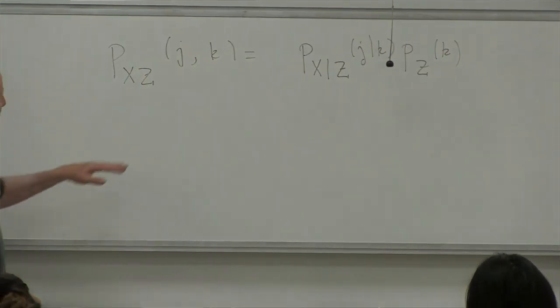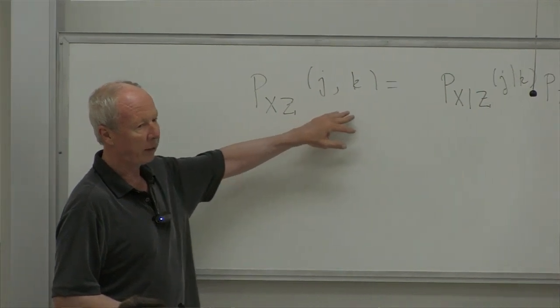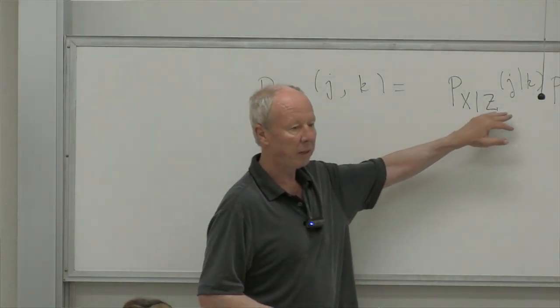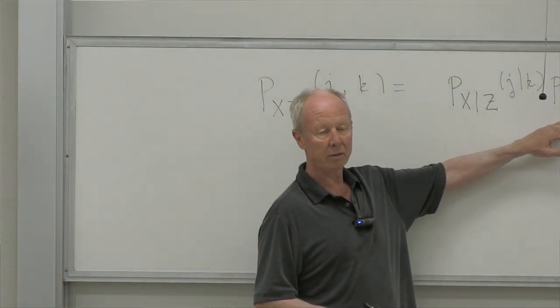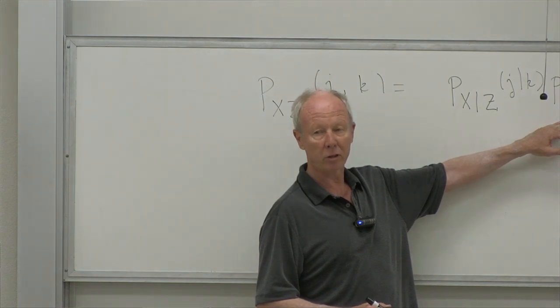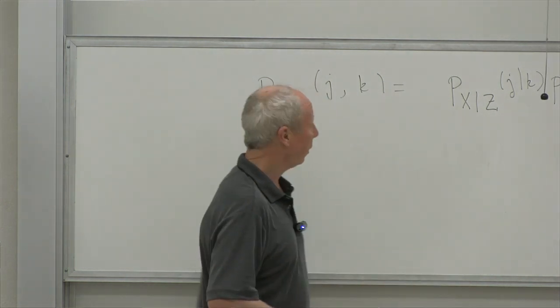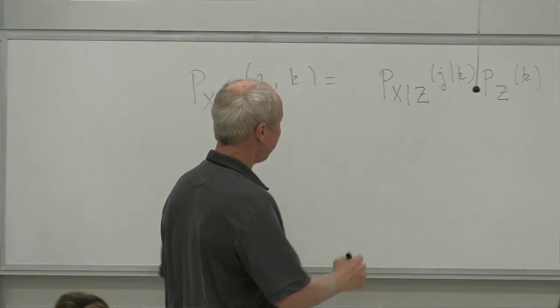But all we've done here is something like this. Probability of A intersect B is probability of A given B times probability of B. It's essentially the definition of conditional probabilities, right? Okay, so we multiply these together.